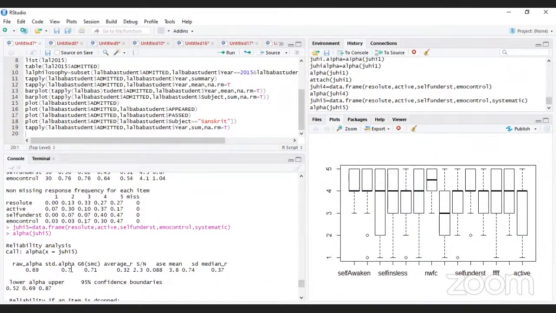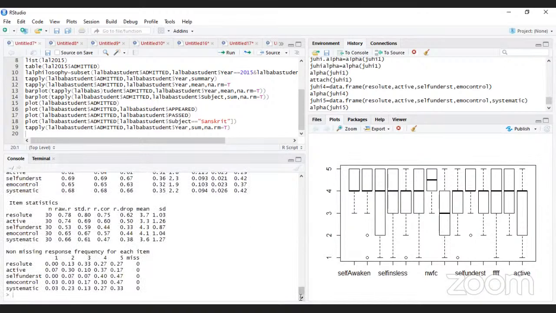Is it clear? Yes, sir. So we can consider these 5 items because here the Cronbach's alpha is 0.7. Okay. Now, so this is a trial and error.